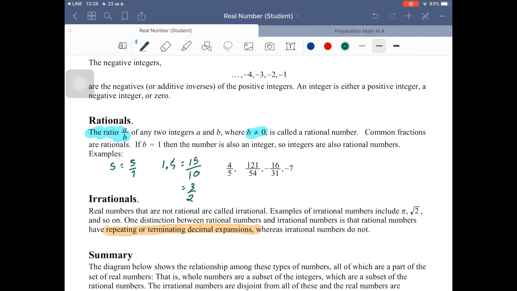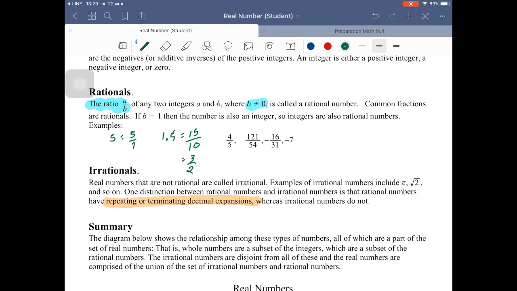So obviously, a rational number is any number that can be in the form of a ratio or fraction. Oppositely, an irrational number is a number that cannot be written in the form of a ratio or fraction. For example, pi, square root of 2, and so on.